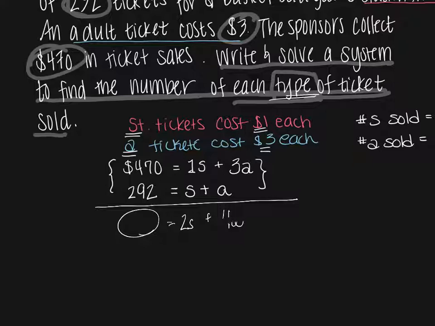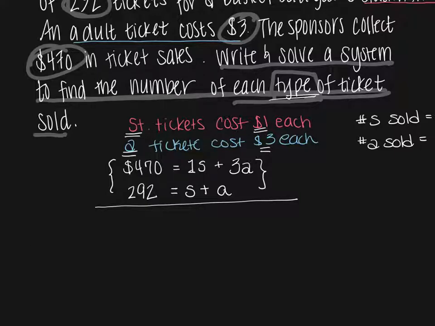So I'm going to do some multiplication first. This leads me into my next type of problem to do. Once I have a system like this, if I end up multiplying everything by the same number, then it stays balanced, right?